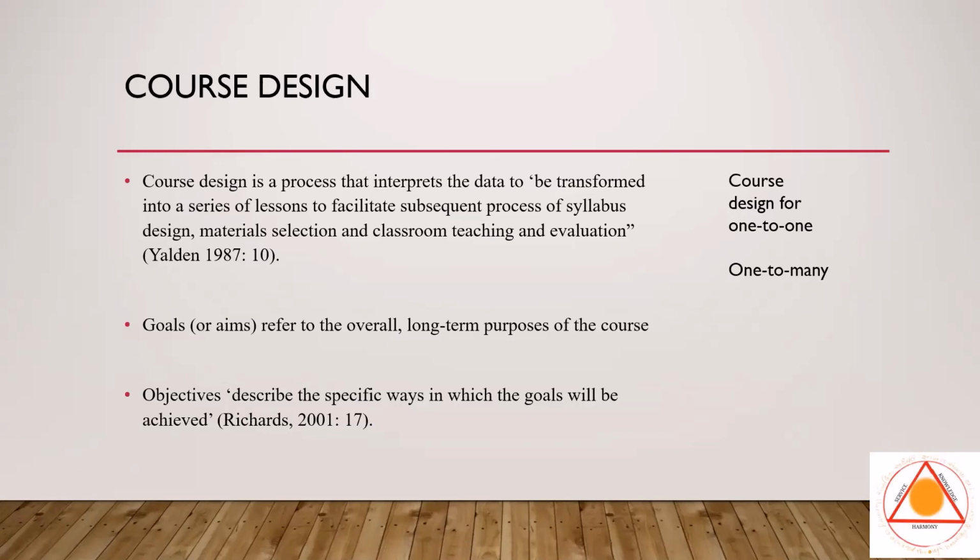So there is a huge difference when you design a course for one student and for many students. Do we do teachers' way, students' way, or can we consider teaching as a consultancy in either case? These are very interesting questions I would like to ask you. Do we do teachers' way, or should we do students' way?